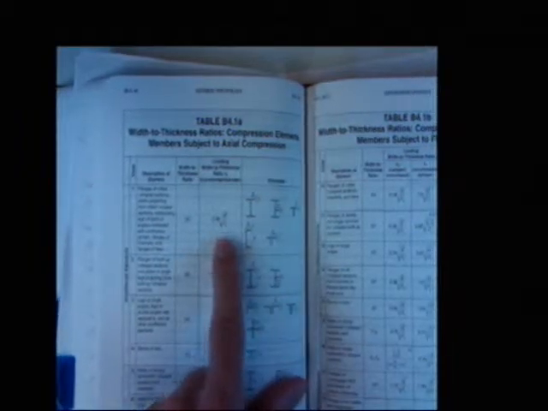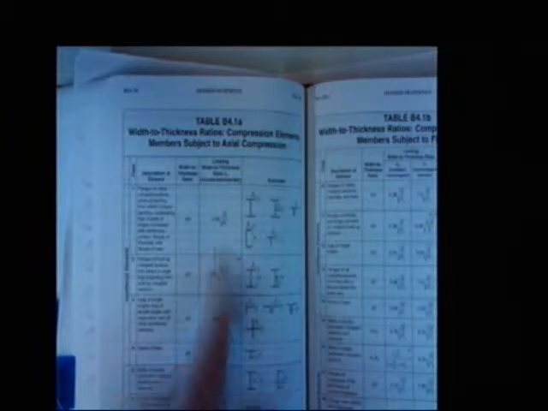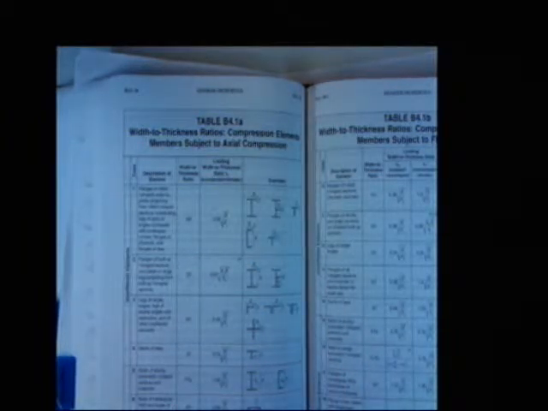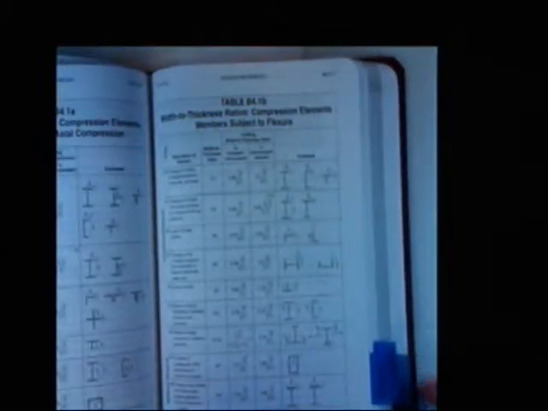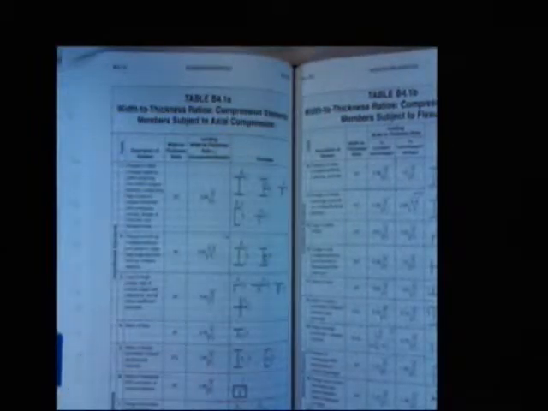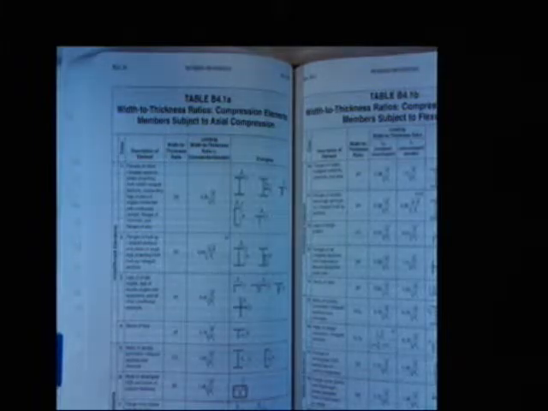This tells you what your gamma, your different gammas are, and these are actually much more useful. These are for webs. No, take that back. These are, let's see, these are for webs in here. And these are for your flanges.